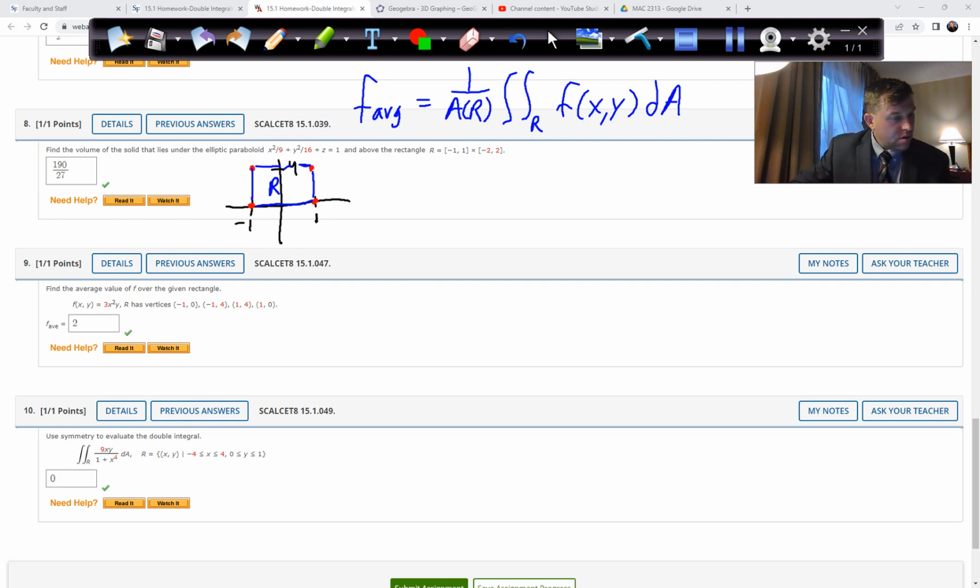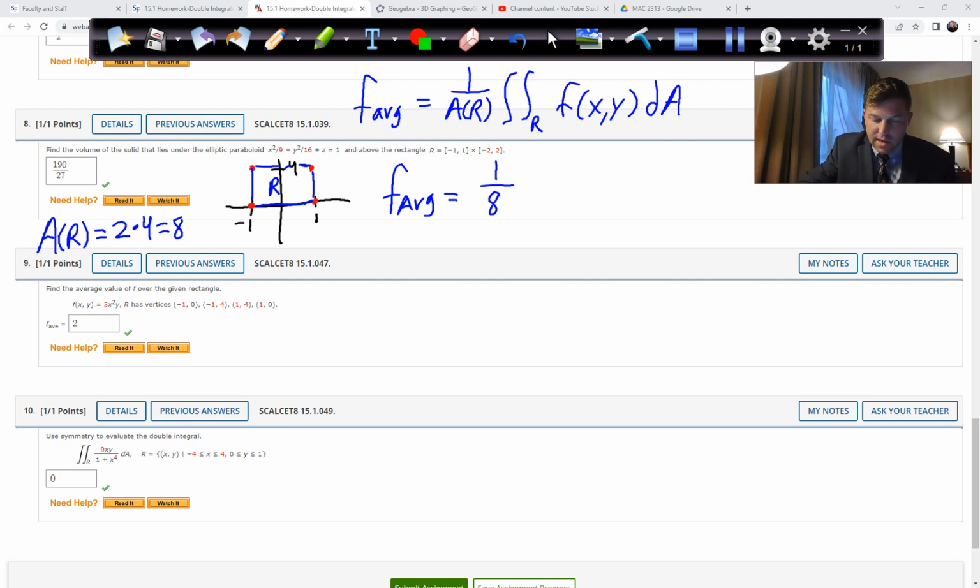Okay, so we're going to get f average equals 1 over the area of R. Well, let's find that real quick. The area of this region would equal, notice the x length is really 2 and the y length is really 4. So we have 8.